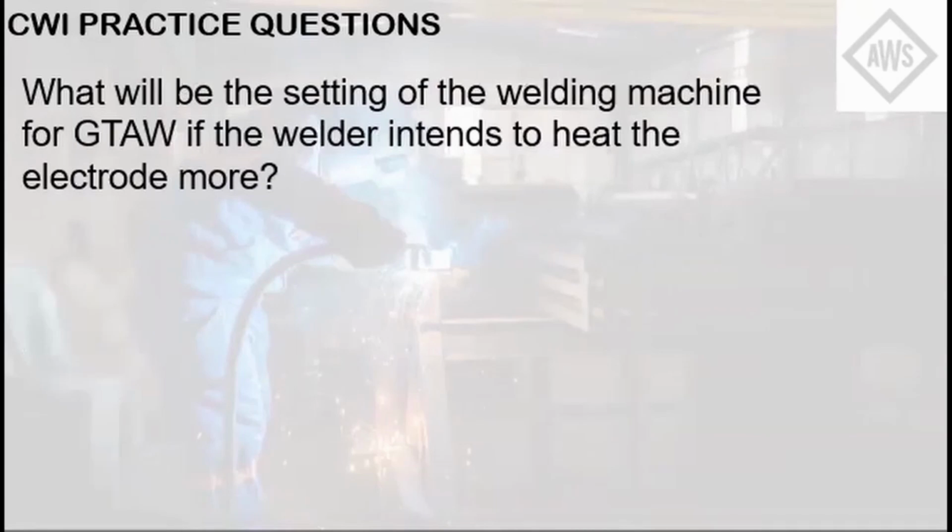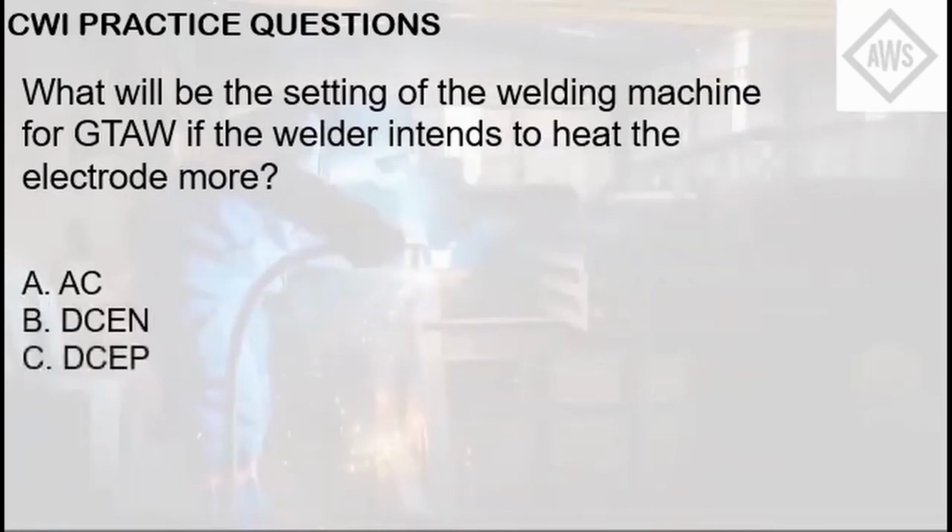Next question. What will be the setting of the welding machine for GTAW if the welder intends to heat the electrode more? So this question was kind of preempted when I asked the previous question. Letter A, AC. Letter B, DCEN. Letter C, DCEP. And letter D, none of the above.